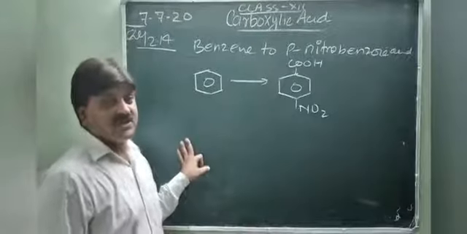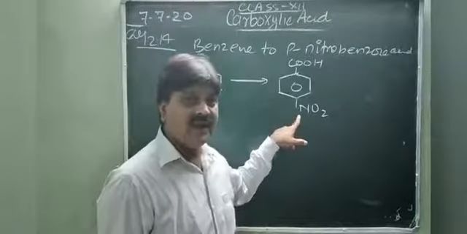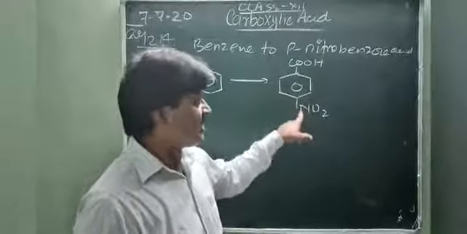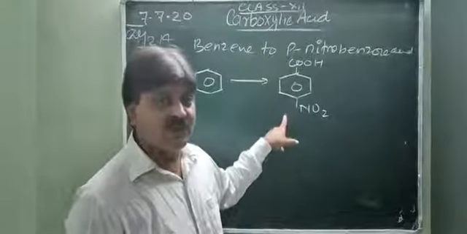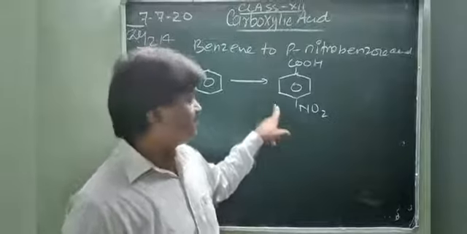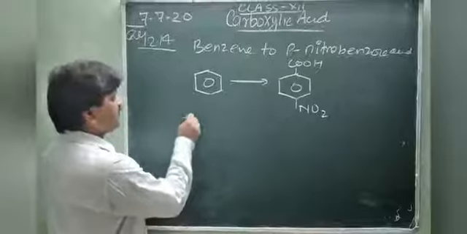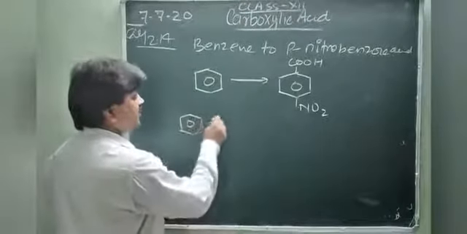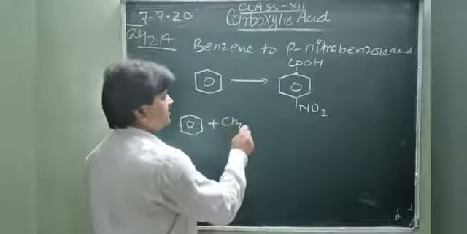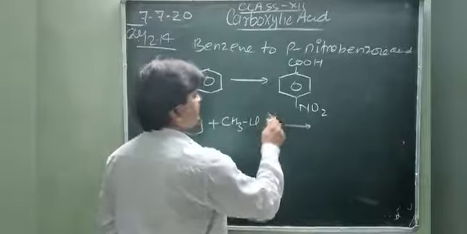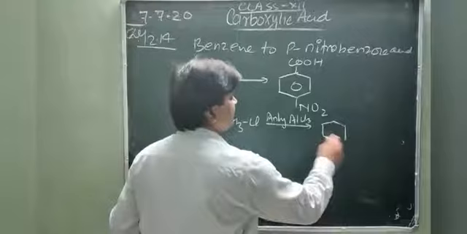You know that methyl group is the para-directing group, and nitration of methyl benzene forms the para-nitrotoluene, and then methyl group can be converted into the acid with KMnO4. So first of all, convert into the methyl benzene, by the Friedel-Crafts alkylation reaction. This is CH3Cl in presence of anhydrous AlCl3.